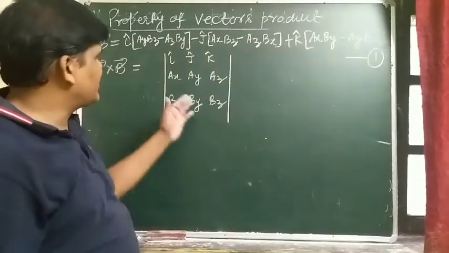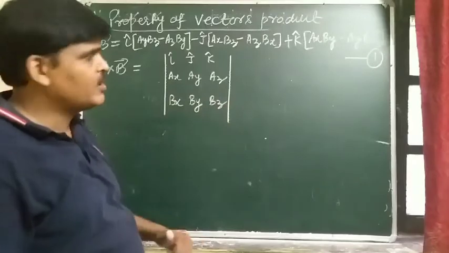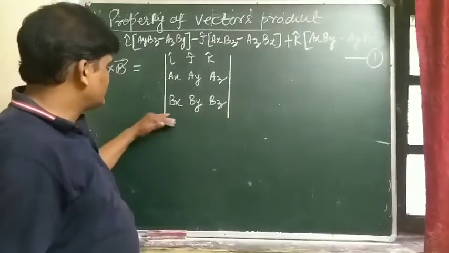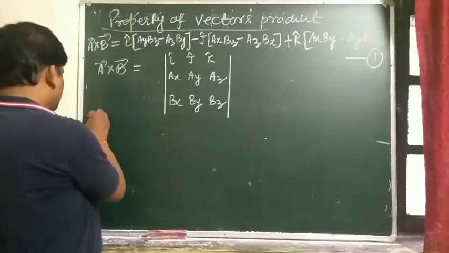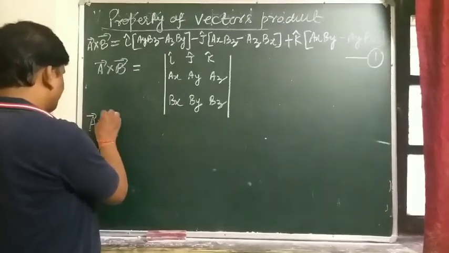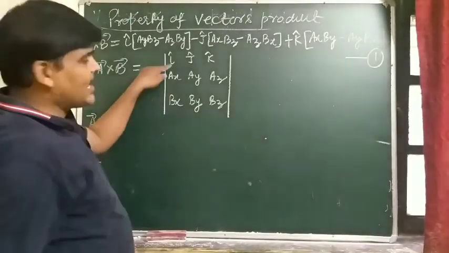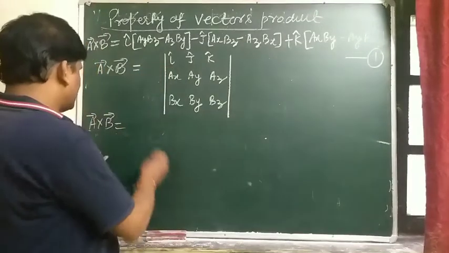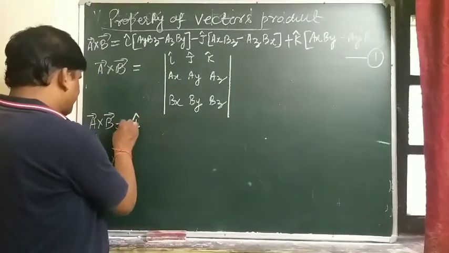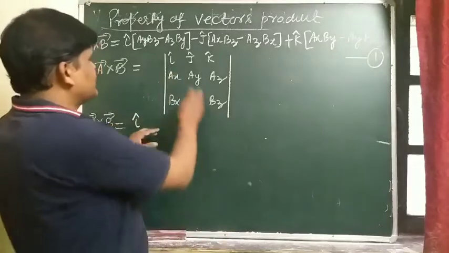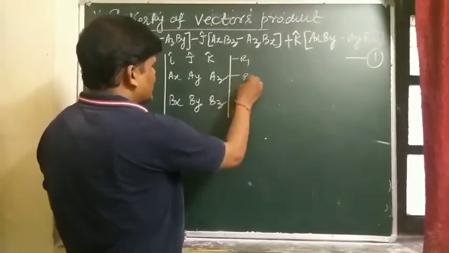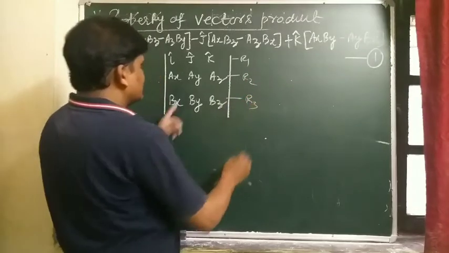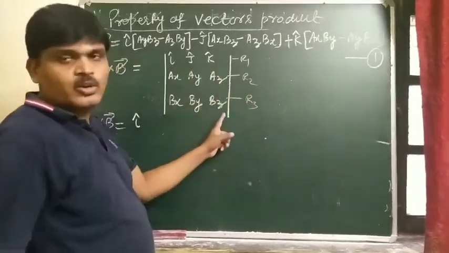So how is the determinant expanded? Student, see carefully. A cross B can be written as, now I cap is taken outside. Clear? And this is R1, R2 and R3: first row, second row and third row.